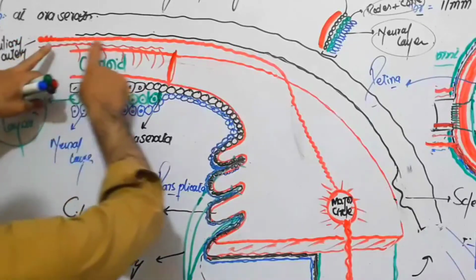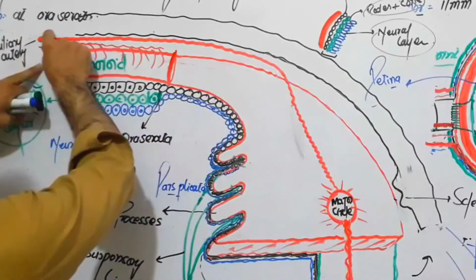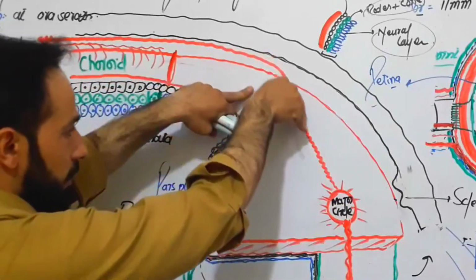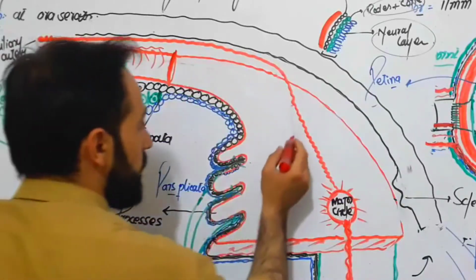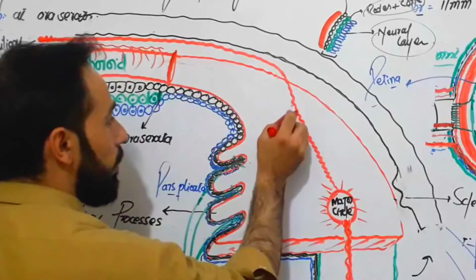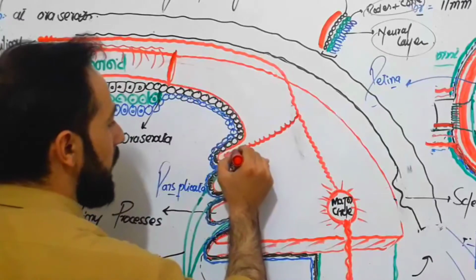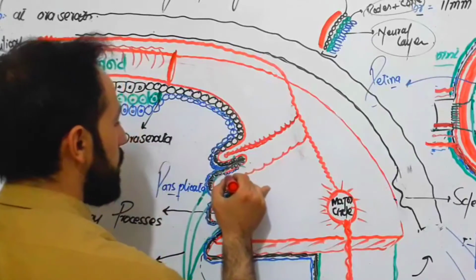So this is the long ciliary artery entering the eye through the suprachoroidal lamina, and when it goes anteriorly it enters the ciliary body, and then this artery gives off very fine and small branches towards the plications of the ciliary body.